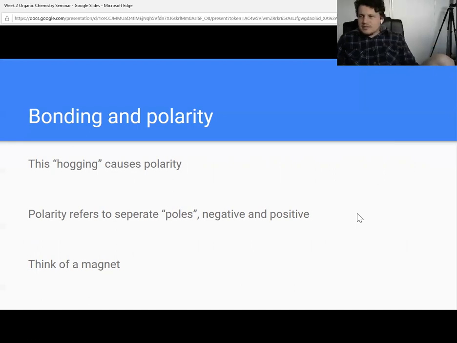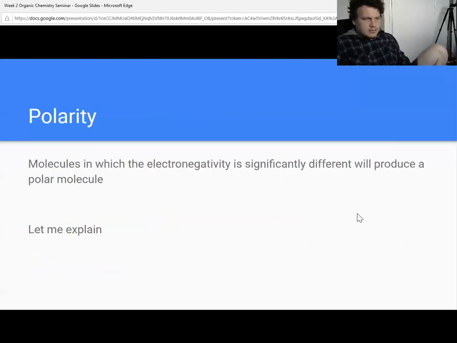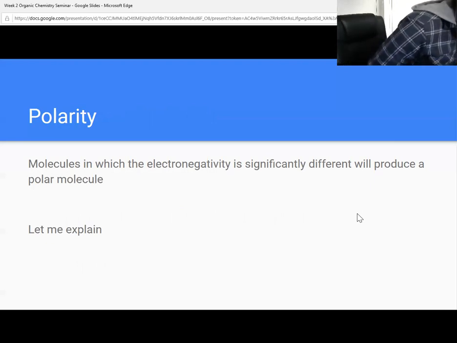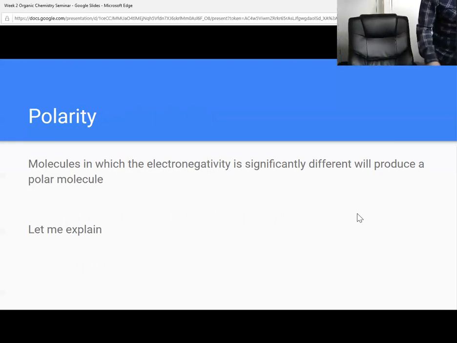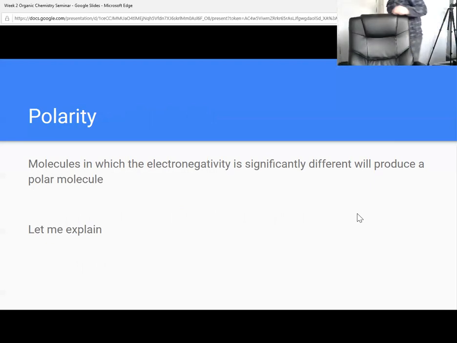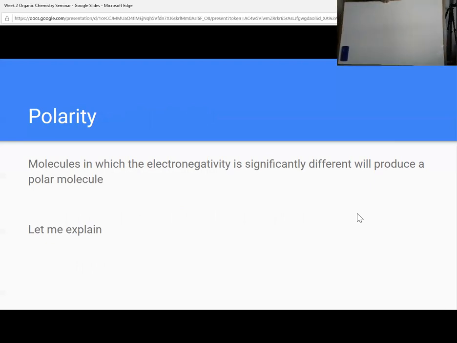Same thing happens here. So again, polar molecule, and I'll do the classic, go to the whiteboard for this one. I think I've explained this in the video, but I will go over it because it's very, very important.